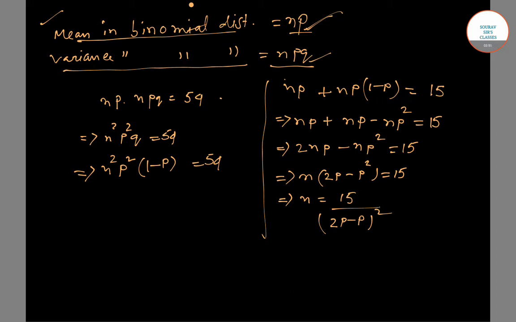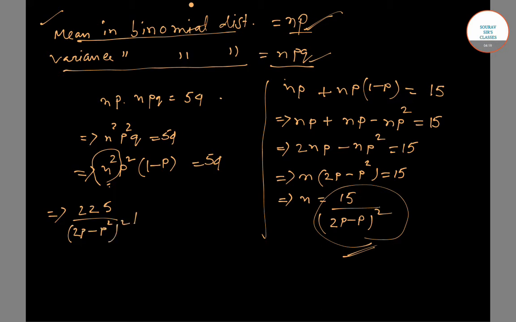Now what we have to do is, we have found the value of n. So we will put the value of n, which is 15 by 2p minus p whole square, here in this equation. Here in this equation it will be 225, because 15 square is 225, bracket 2p minus p square, 1 minus p equals 54.